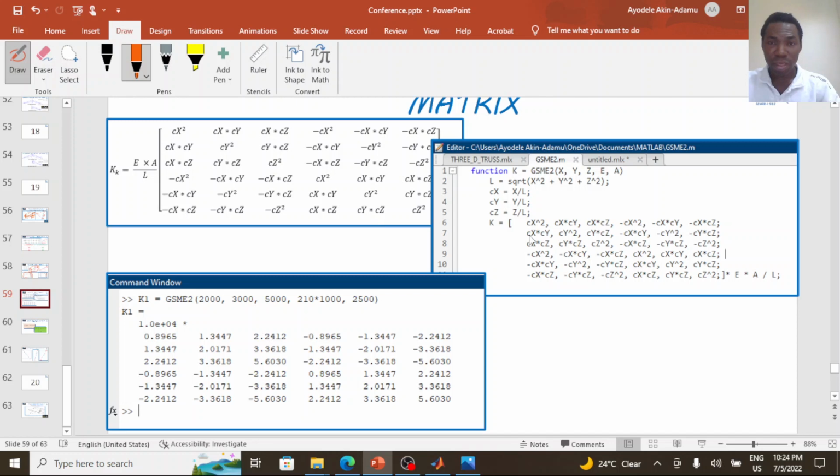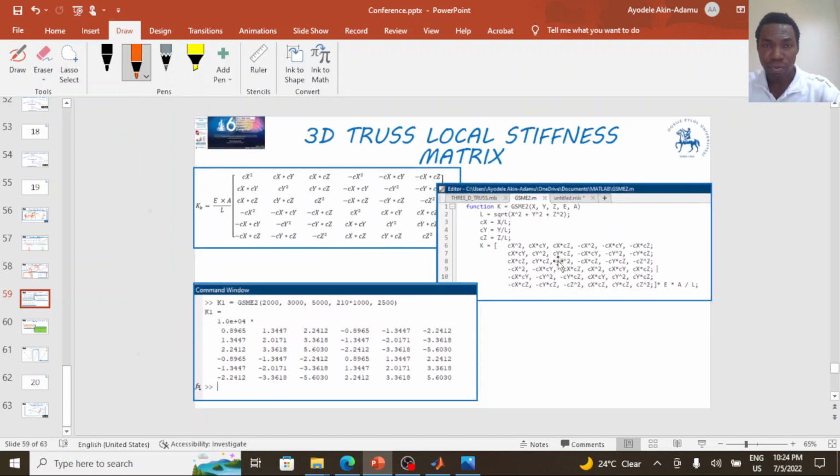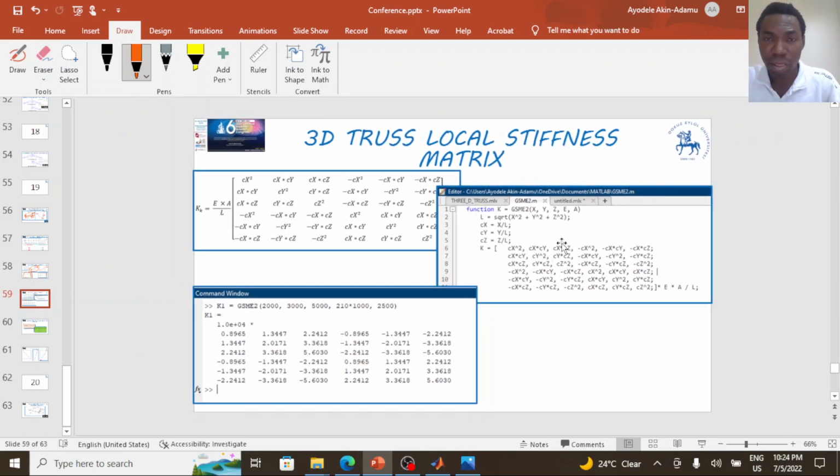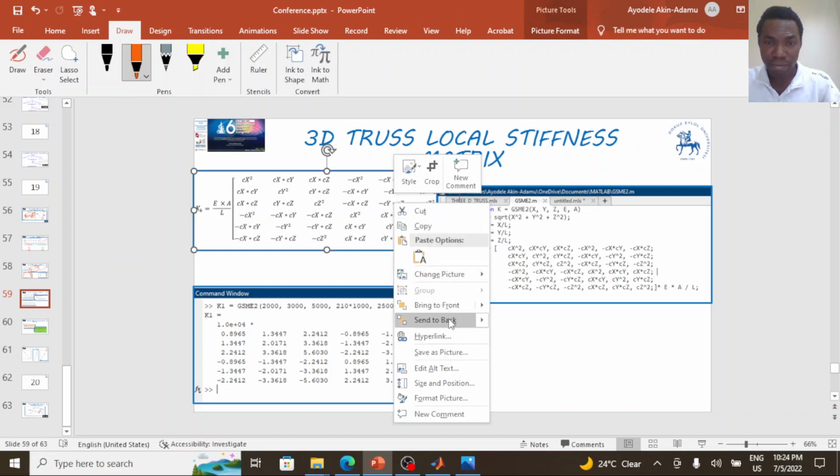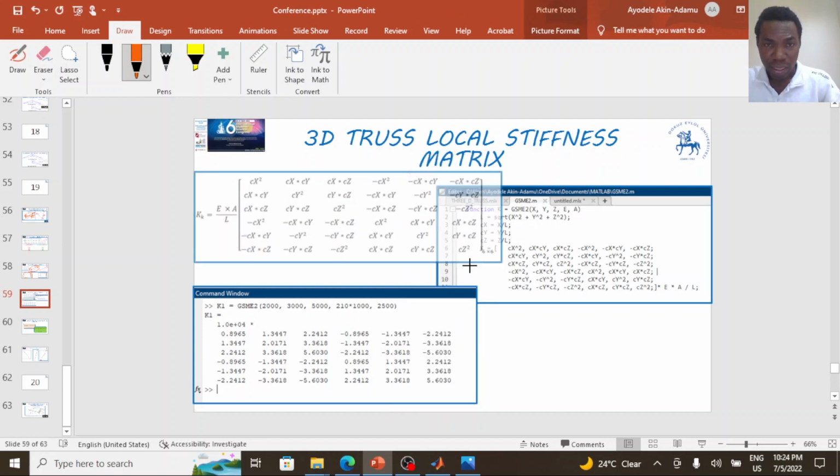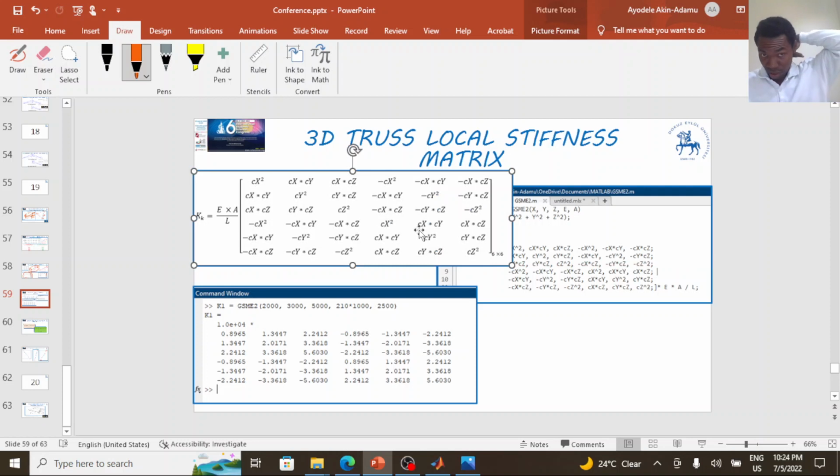I actually wrote a code on Matlab which we can use to determine each local stiffness matrix of a 3D truss element. So as I said before, this is the local stiffness matrix of a 3D truss element.